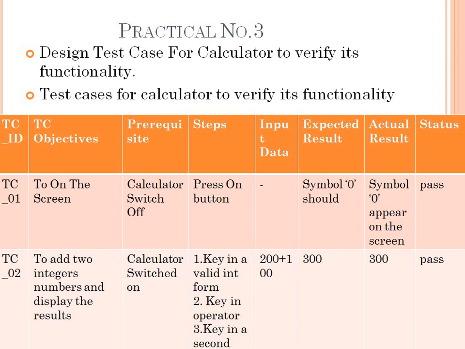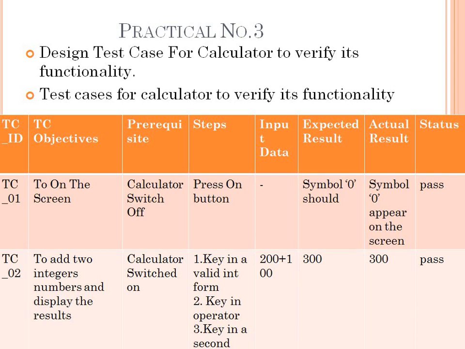So we design the test cases for the calculator to verify its functionality. Here are the parameters: TC-ID, test case objective, then prerequisite, meaning the existence of a thing before we perform the process.